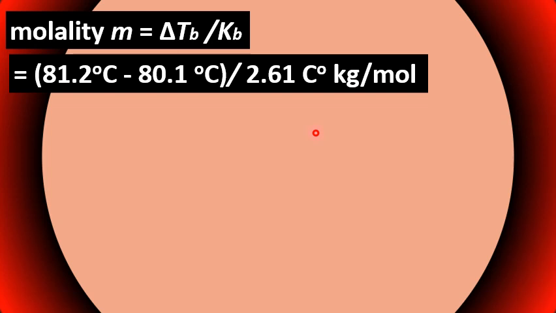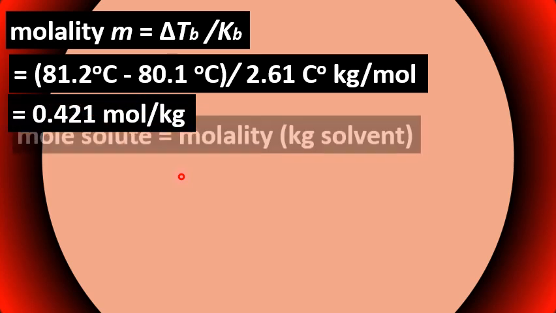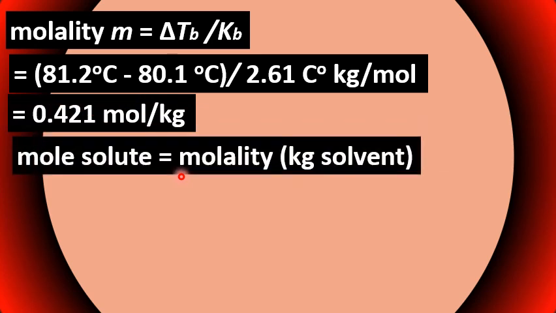So doing our math, we will get this molality, small letter m, equal to 0.421 moles per kilogram, or can also be called molars. So, getting the number of moles of the solute, we just multiply the computed molality by the kilogram of the solvent.